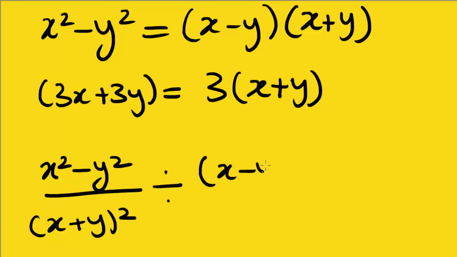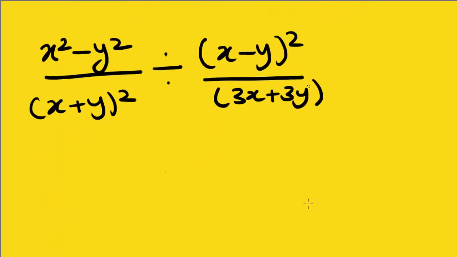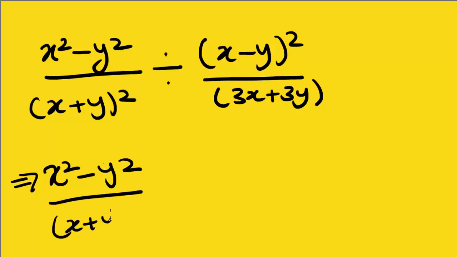Another thing I like to do is, instead of dealing with a division problem, it's always easier to rewrite it as a multiplication problem. So I'm going to have the above expression go into x squared minus y squared divided by x plus y all squared, times the reciprocal of this term.